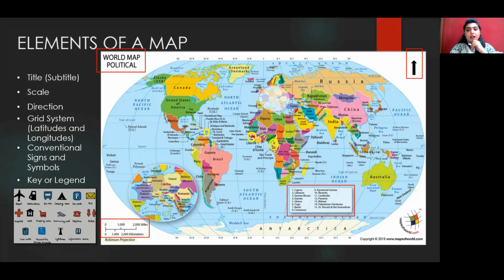So these are the important elements that have to be there in a map whenever it is constructed. Now this is very important when it comes to your GIS softwares, as when you create a layout for your study area, or maybe in terms of any thematic map that you are constructing on GIS softwares, when you create that layout, you need to be sure that all these have been put in.